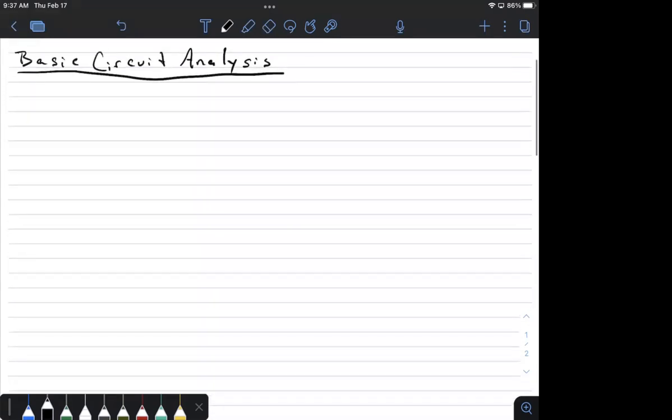So with circuit analysis, as I said, there's two big overarching varieties. There's what's called DC, which stands for direct current. And then there's AC, which stands for alternating current.